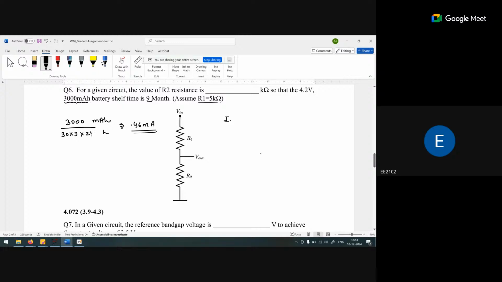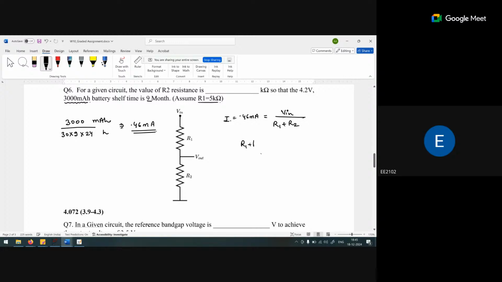Now that current is equal to V in divided by R1 plus R2.